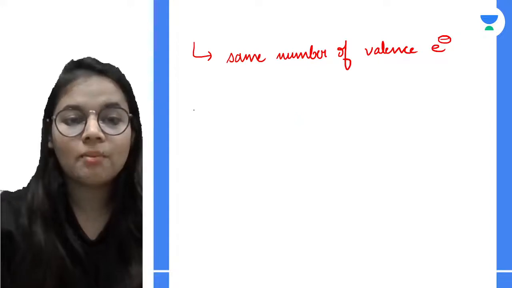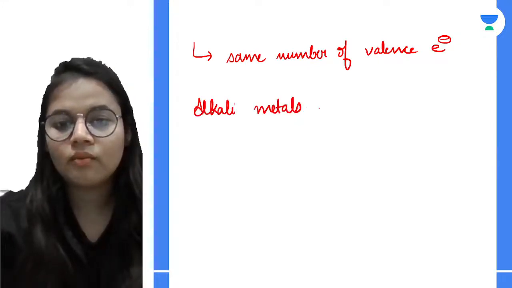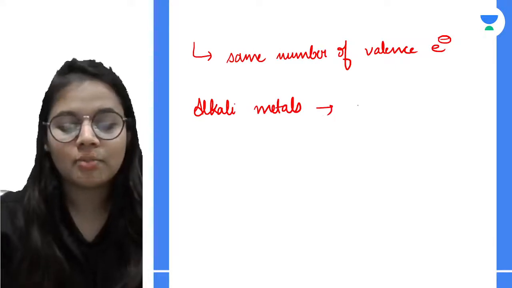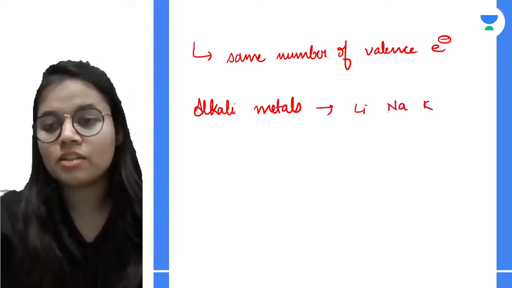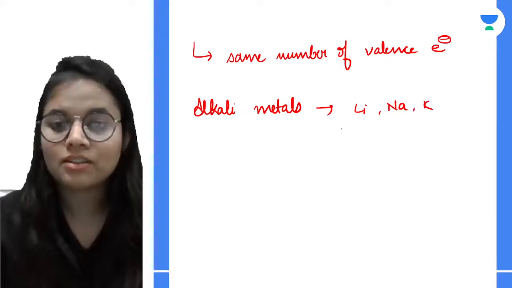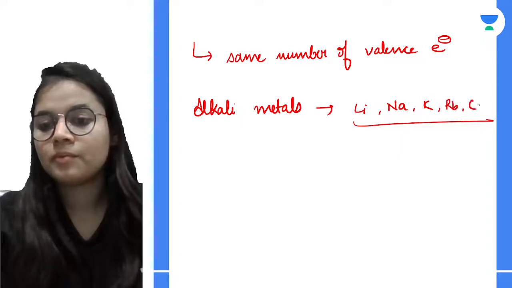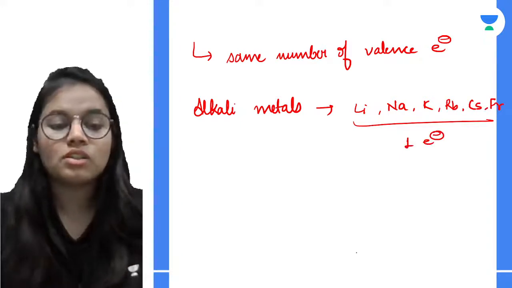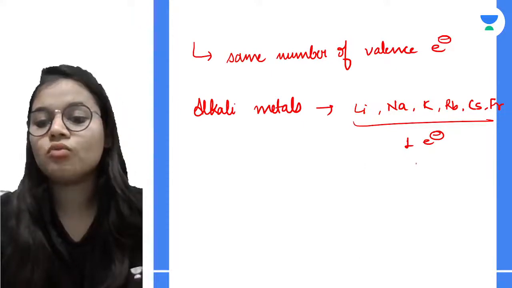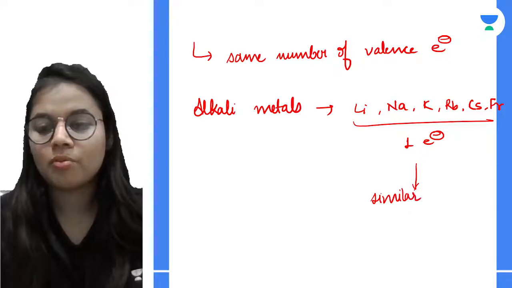For example, take the case of alkali metals: lithium, sodium, potassium, rubidium, cesium, etc. These all have one electron in their outermost shell, and this is why they have similar properties.